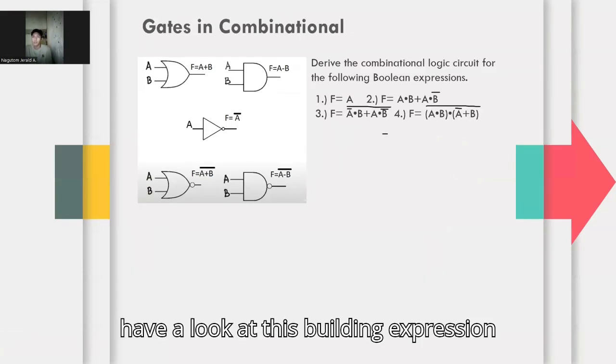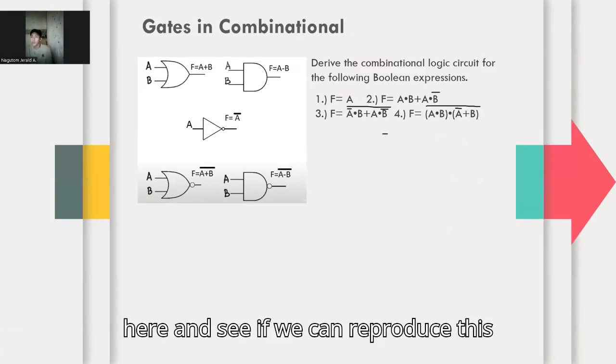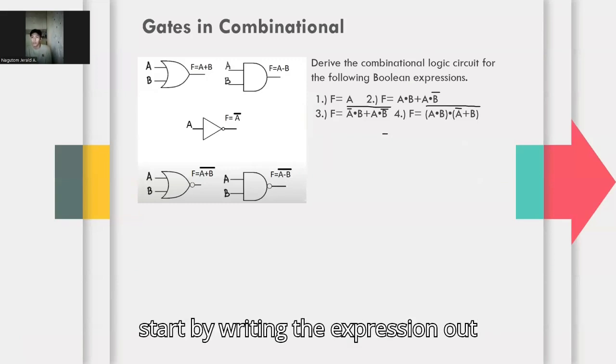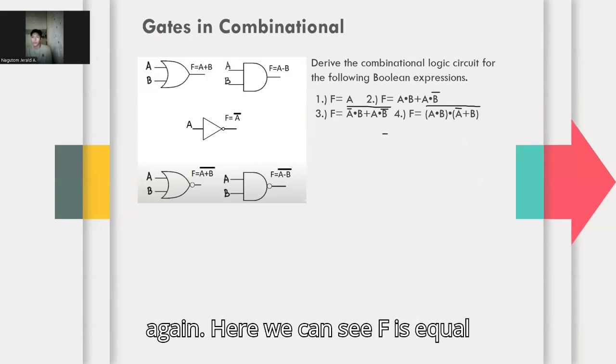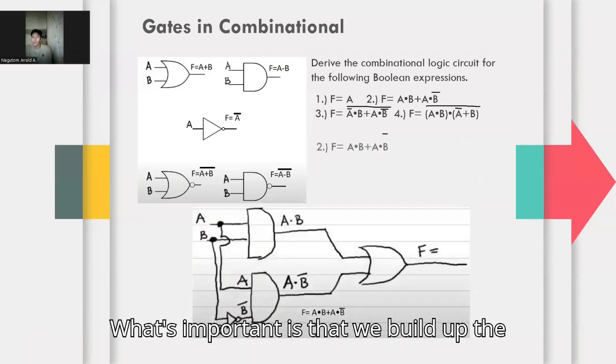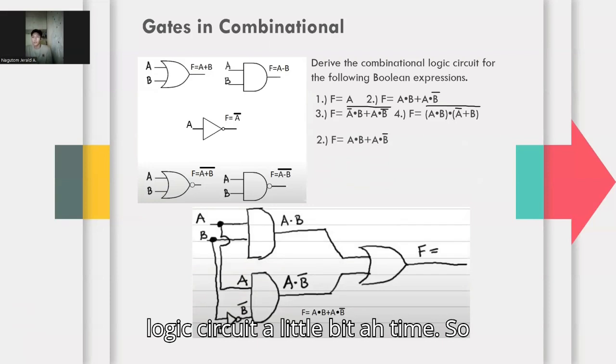Next, let's have a look at this Boolean expression here and see if we can reproduce this with a combinational logic circuit. Let's start by writing the expression out again. Here we can see F is equal to A and B, or A and not B. What's important is that we build up the logic circuit a little bit at a time.